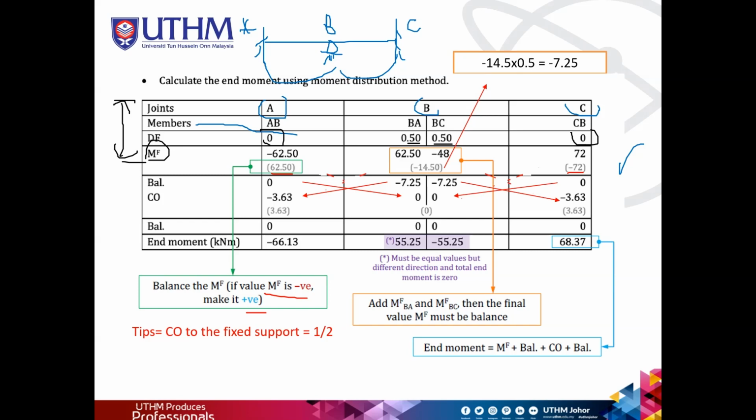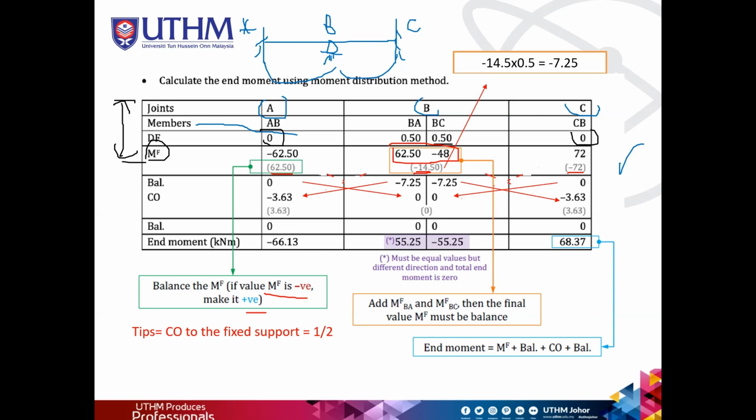How do we get 14.5? We do subtraction: 62.5 minus 48, so we have 14.5. So we have positive 14.5, but in the bracket we write the opposite of positive, which is negative.